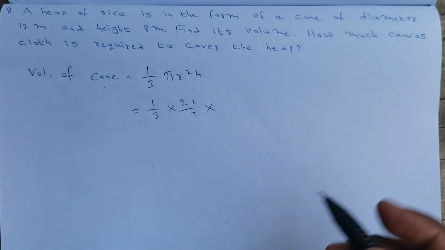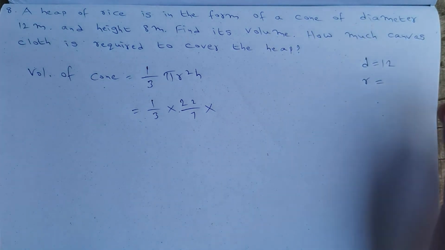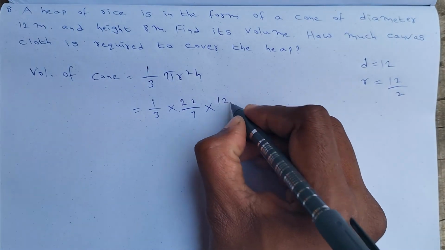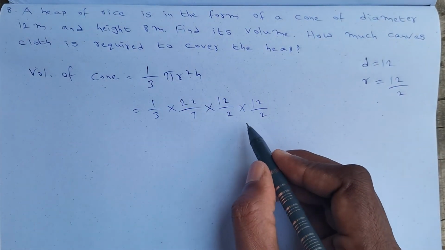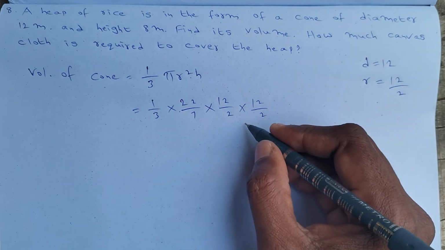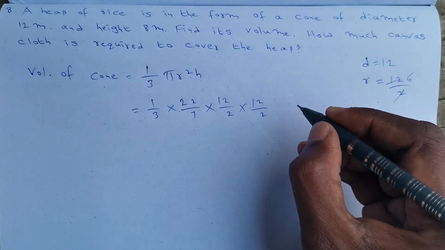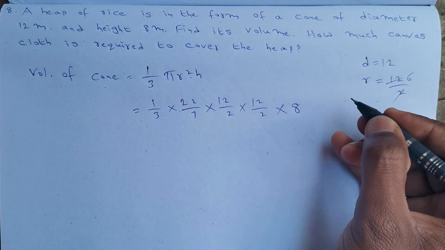Diameter is given as 12, then radius will be half of the diameter, that is nothing but 12 by 2. So 12 by 2 into 12 by 2, because radius square is given. Instead of writing 12 by 2, you can write 6 also, because 2 sixes are 12. Into height of the cone is given as 8 meters.